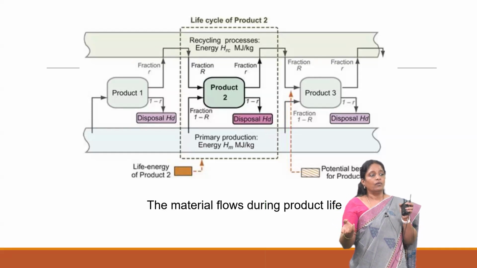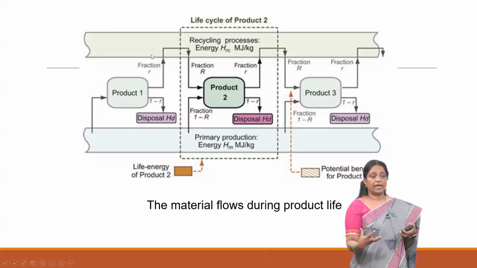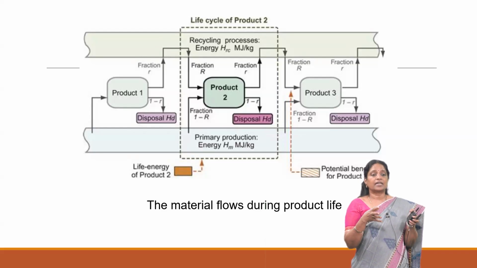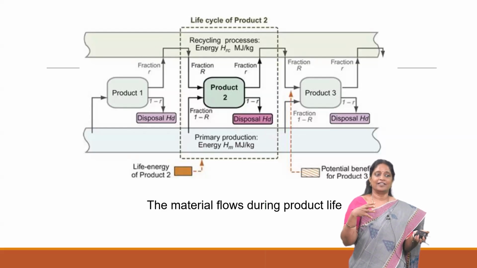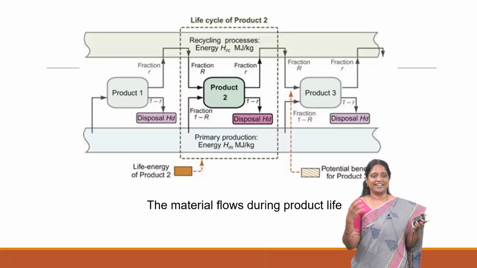So the credit for this cycle of recycling, the energy you have spent, the emissions which have come because of this recycling effort, who gets the credit for it? Product 1 or product 2? There's a debate, right? So what happens to product 2?